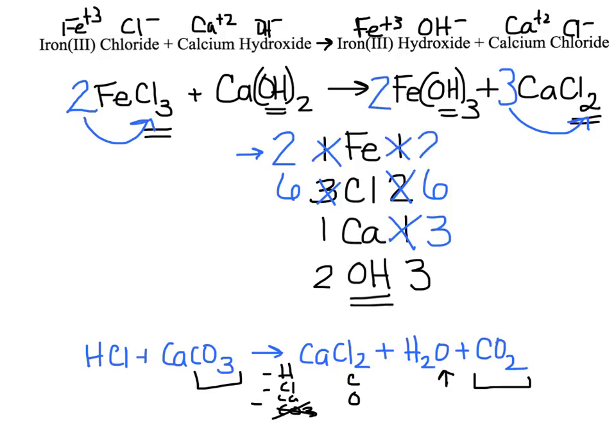We now have 2 irons and 2 times 3, 6 hydroxides. So now we need to go back to the right. And I notice that if I put a 3 here, I will now have 3 calciums and 3 times 2, 6 hydroxides. And I'm balanced.